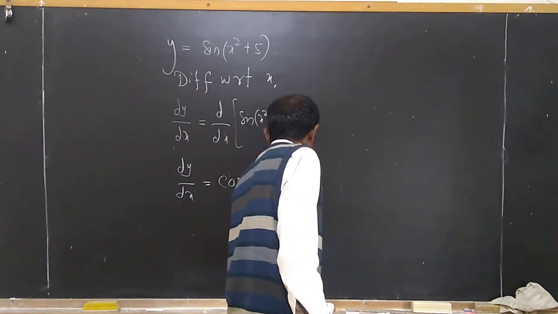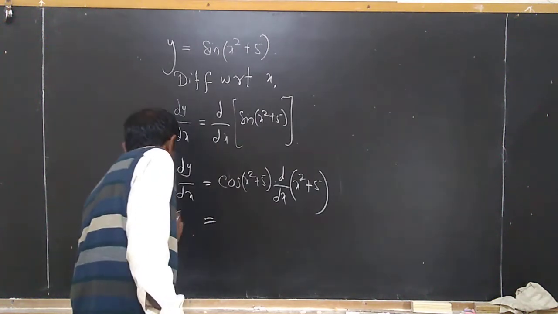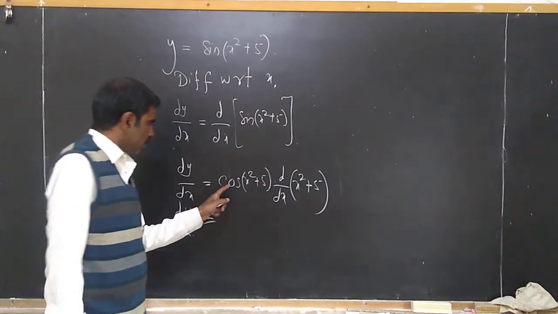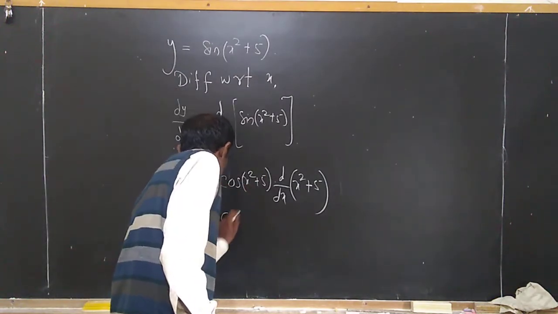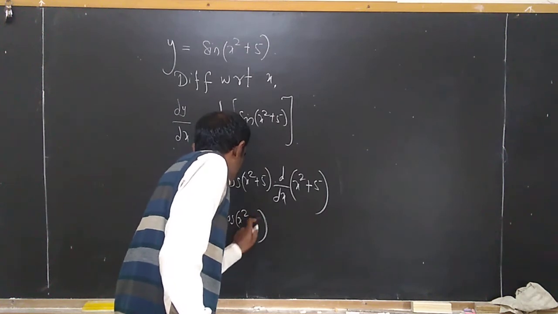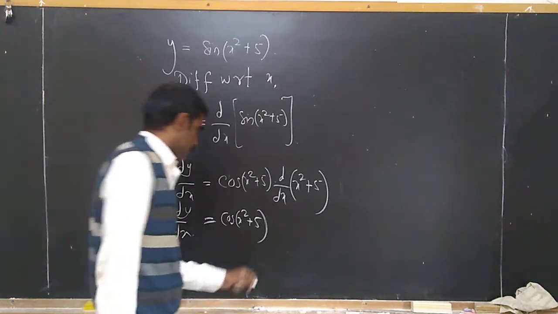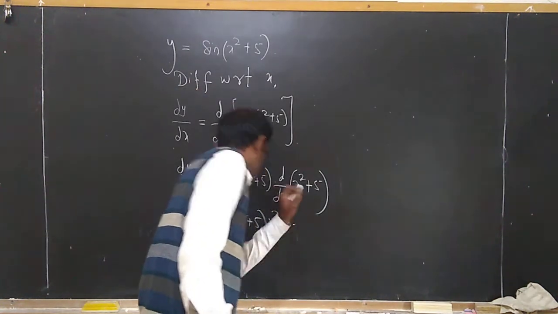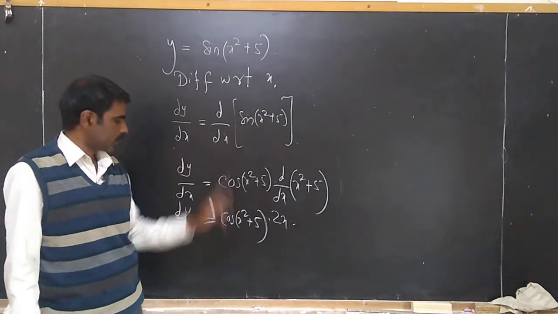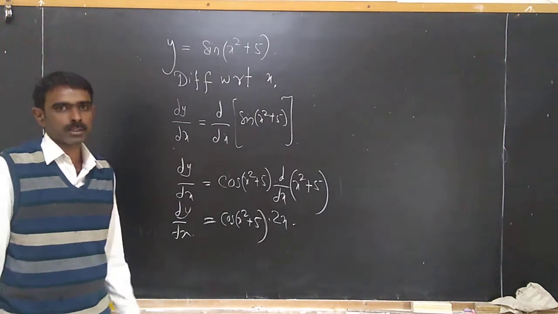So this cos of x square plus 5 I will be keeping as it is. Now, what is the derivative of x square plus 5? It is 2x. So, into 2x. So, the derivative of sine of x square plus 5 is 2x into cos of x square plus 5.